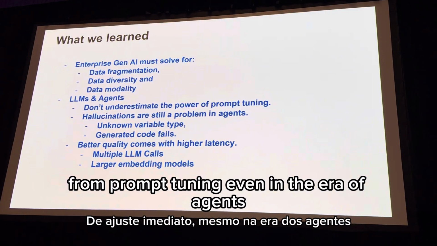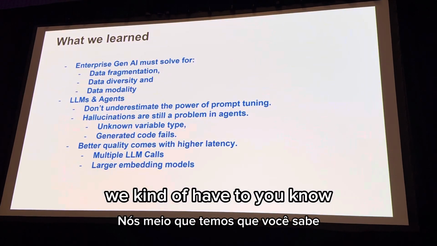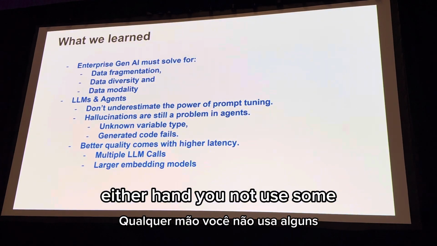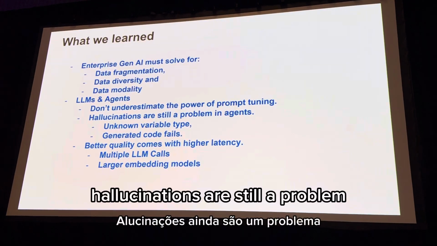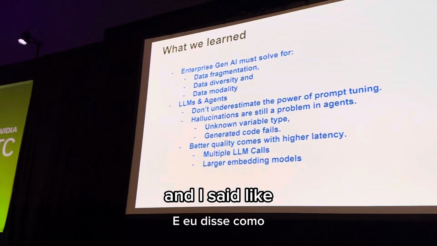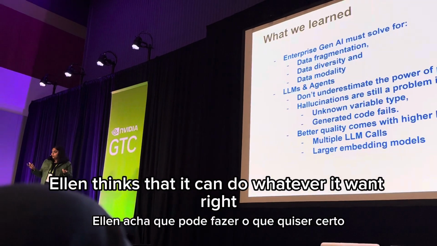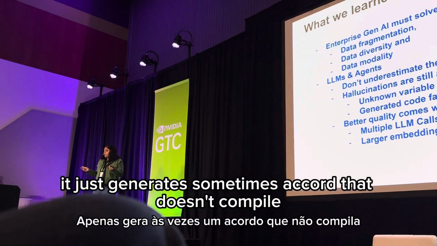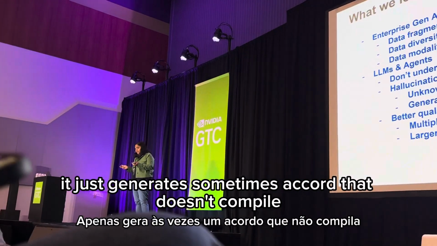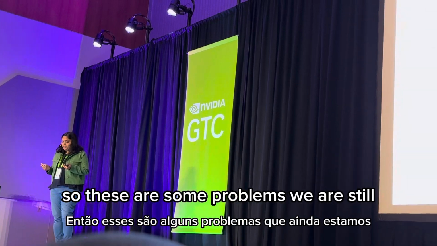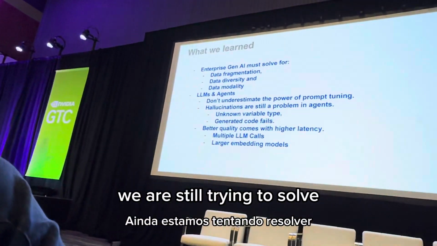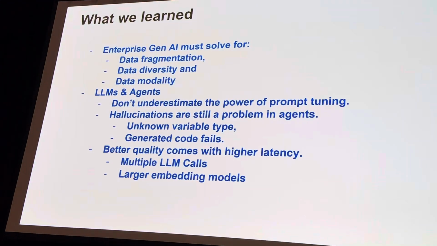Even in the era of agents, we have to either hand tune or use some libraries that help with prompt tuning. Hallucinations are still a problem, as I said. The LLM thinks that it can do whatever it wants. It sometimes generates code that doesn't compile or types that don't exist. These are some problems we are still trying to solve.